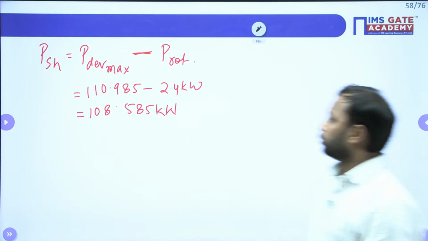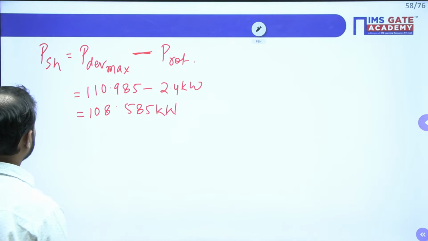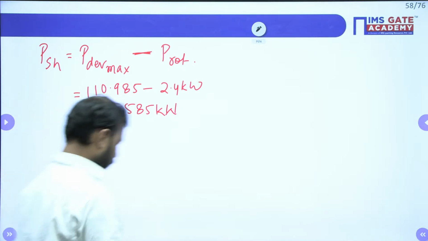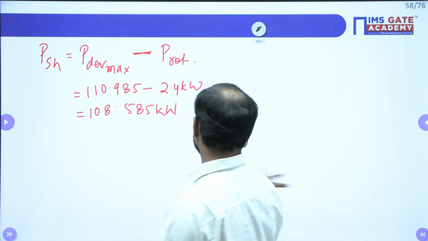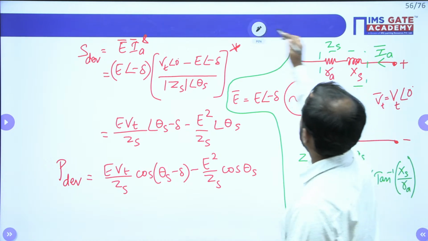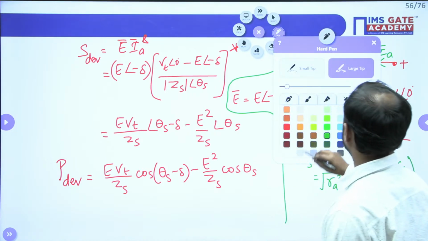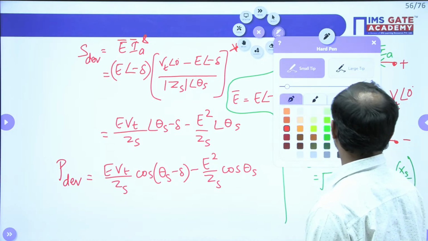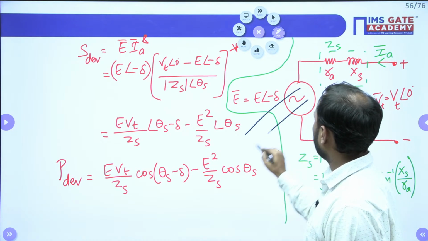All right. So what is the input power then? Please let me know what the input power is here. Now see the diagram. Shaft actually means we have a shaft here like this.